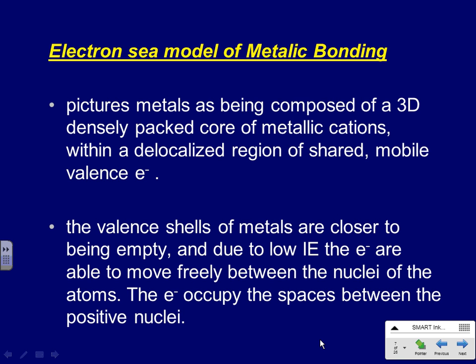Because remember, in orbitals, we don't have specific places for them to be. They just exist in that space, and they kind of move around in such a way that they are in that space. If we add another atom to this pair of atoms, the same thing is going to happen. We're going to have the inner electrons, but then we're going to have its outer shell overlap with the other overlap.